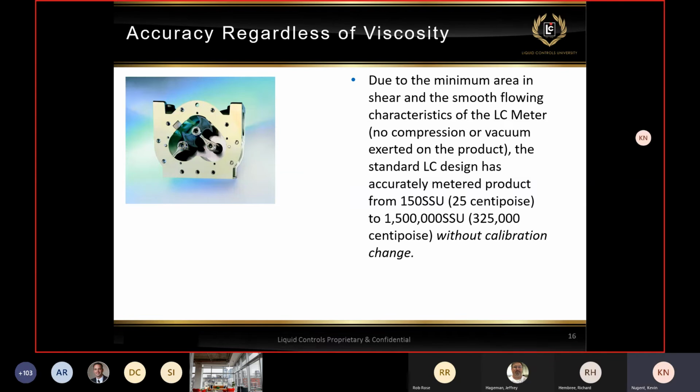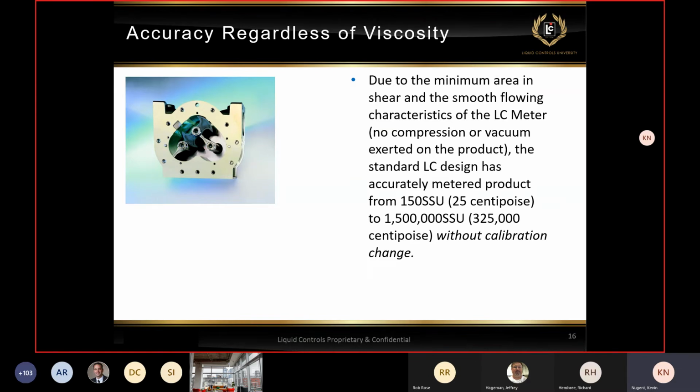The way that those rotors turn inside the housing allows for a very smooth flow characteristic. That liquid has no compression or vacuum exerted on it. So the standard design is capable of metering product not only at that 30 SSU, but as high as over 1,000,000 SSU.